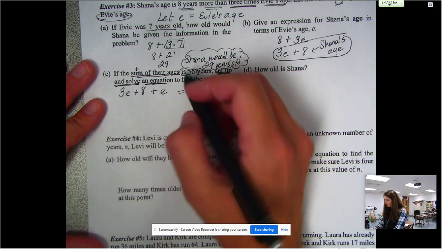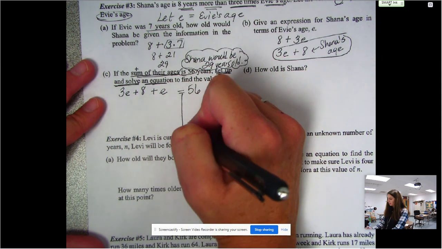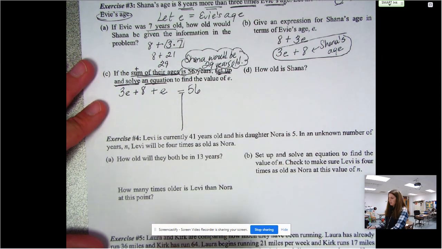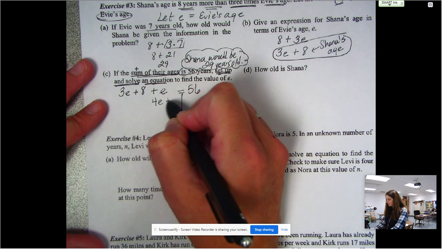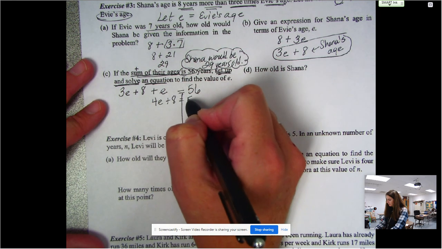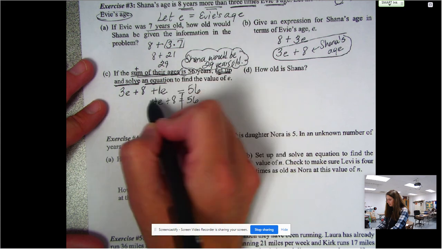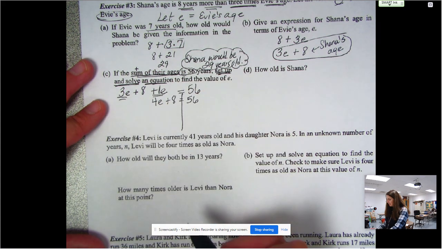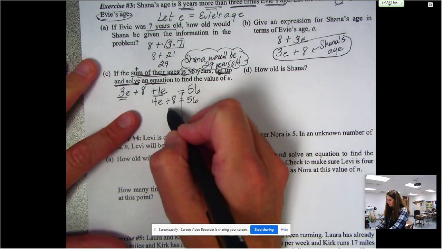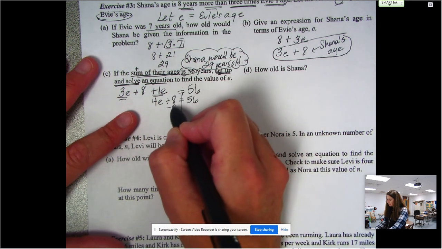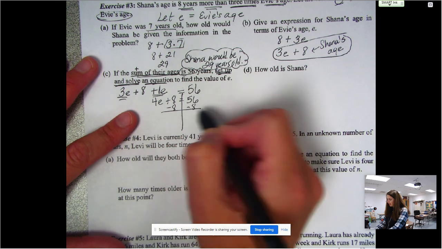So we've set up our equation. Now we're going to solve it. Put in our balance beam. We're going to combine like terms here on the left. So 3E plus E is 4E plus 8 equals 56. So this was 1E, remember. So 3E plus 1E would add to 4E, and then the plus 8 comes down. Okay, let's move that plus 8. We're going to subtract 8 on both sides, doing the opposite operation.